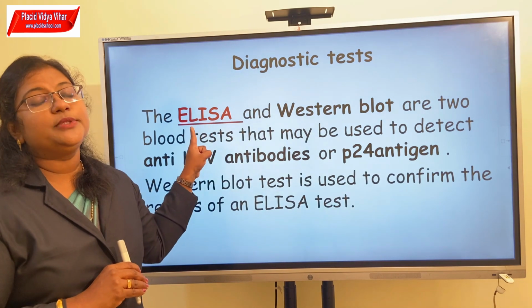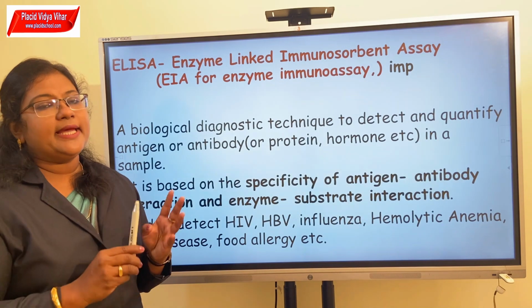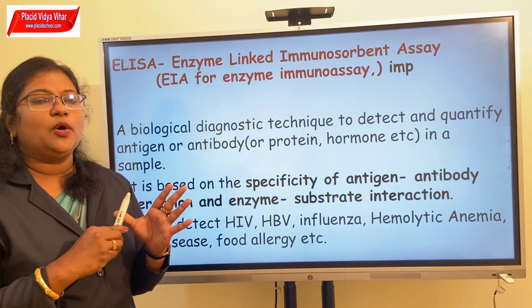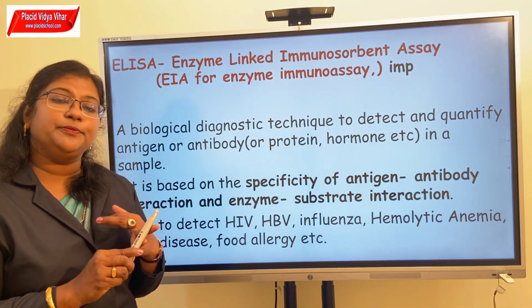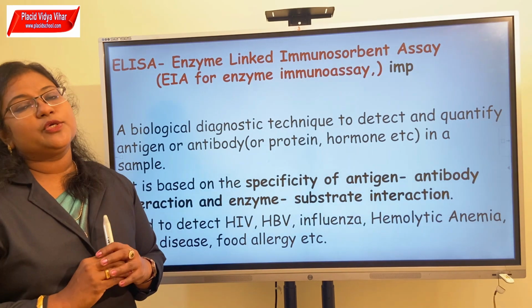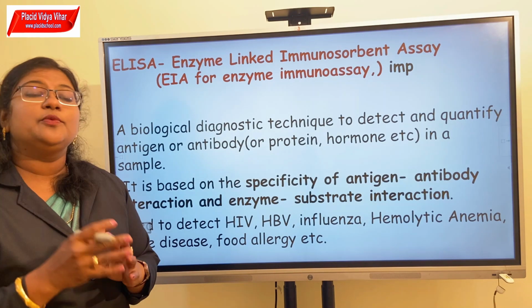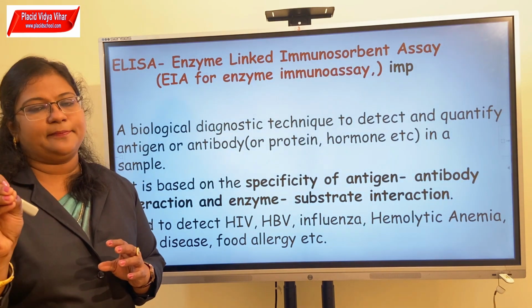Now, let us go to details of ELISA. ELISA is an abbreviation for Enzyme Linked Immunosorbent Assay, or it is also abbreviated as EIA, which stands for Enzyme Immunoassay. Here, we are using a diagnostic test. It is basically a biological diagnostic test which is used to detect the presence of either antigen or antibody in a sample.